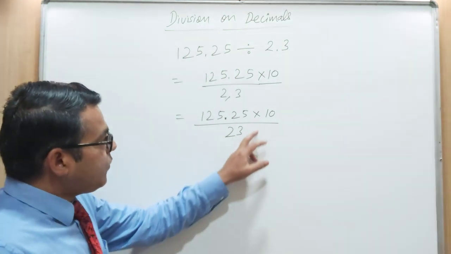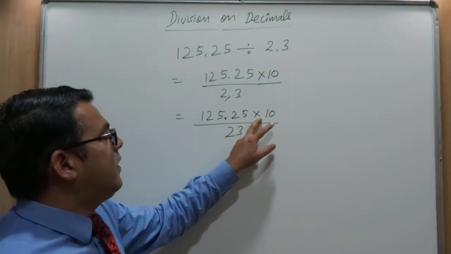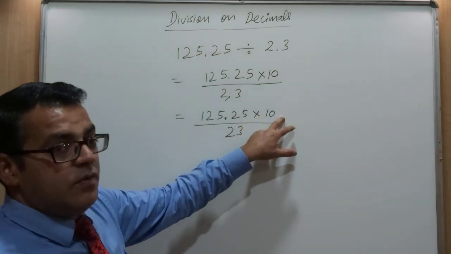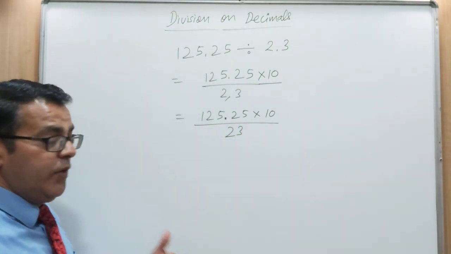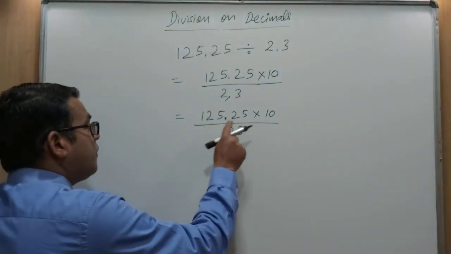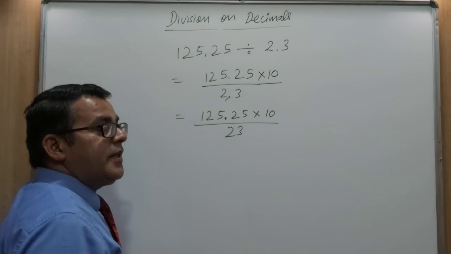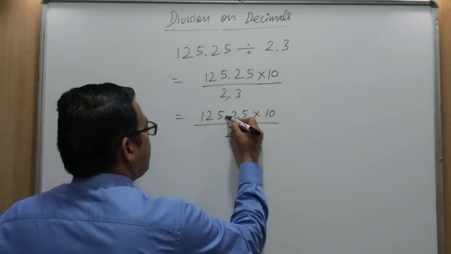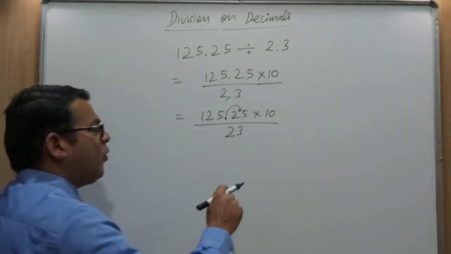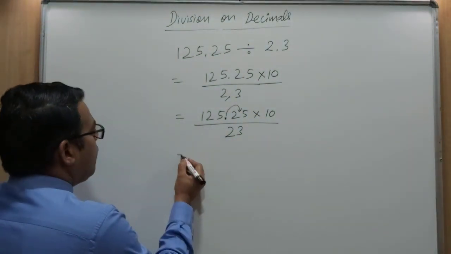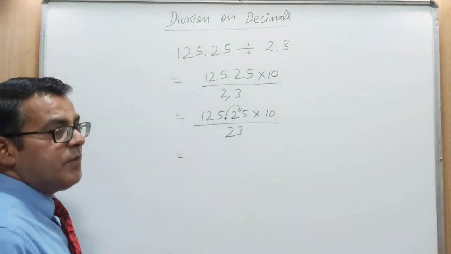Now you can see we have 10 in multiplication on the upper side. So how can we solve it? The rule is, if we are multiplying by 10 or by powers of 10, we need to shift the decimal point to the right. This is also very important. Why are we shifting only one place?